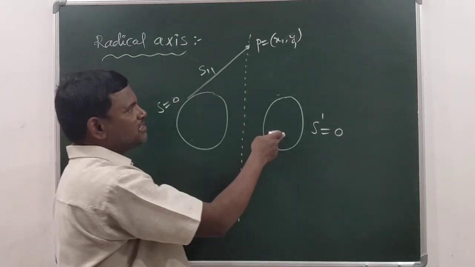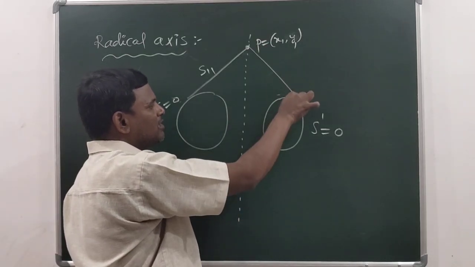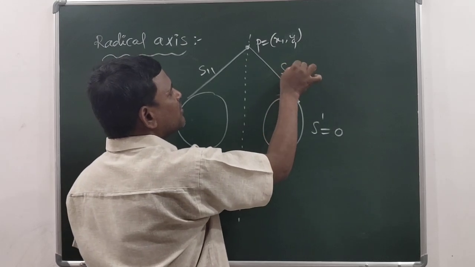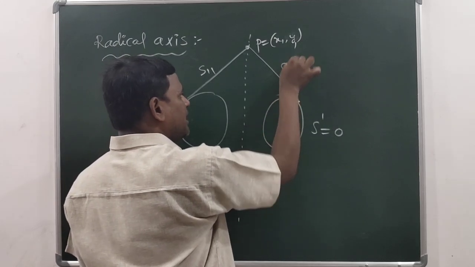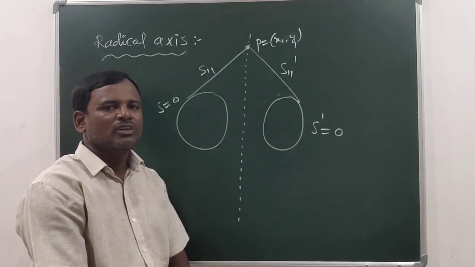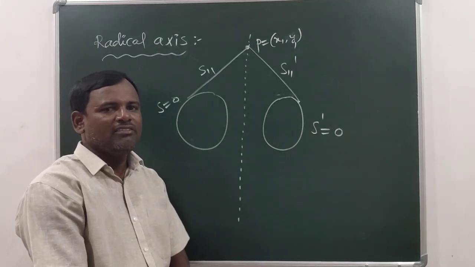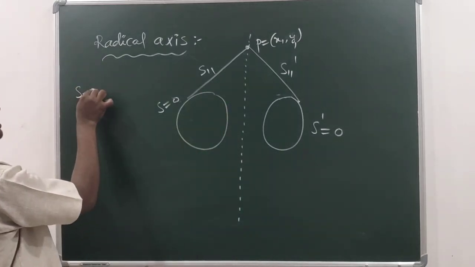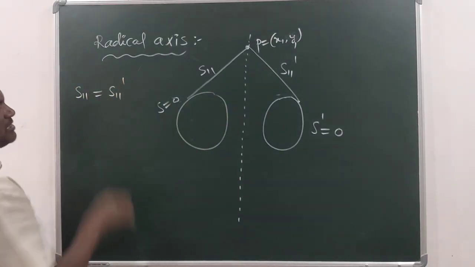And with respect to this circle also measure it. You will get S11 dash. Both will be equal. So S11 is equal to S11 dash.